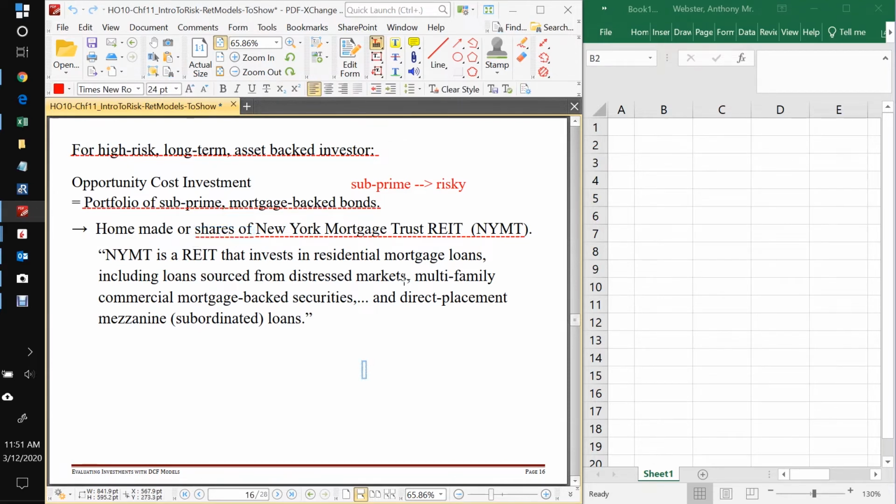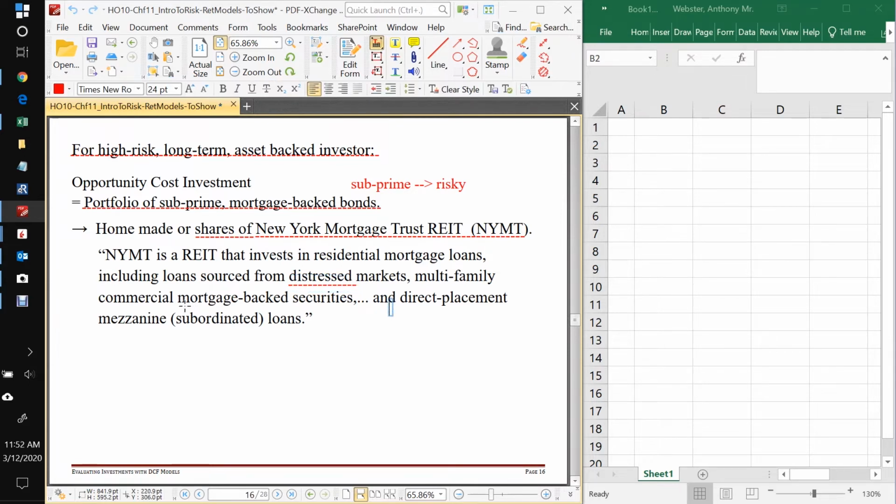And how would that possibly work? Oh, this is its ticker symbol. Again, you can look at this at Yahoo Finance, Google. You can actually look up the company. And this is what the company says itself: the New York Mortgage Trust is a REIT that invests in residential mortgage loans, including loans sourced from distressed markets, okay? That's high risk, right?